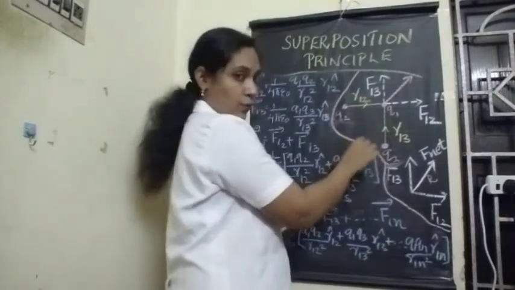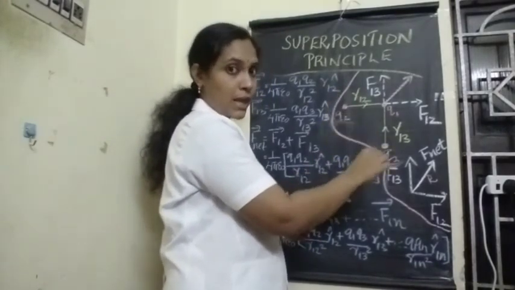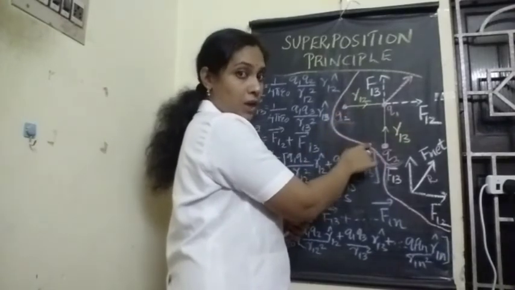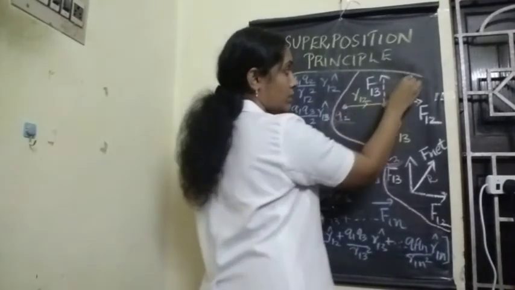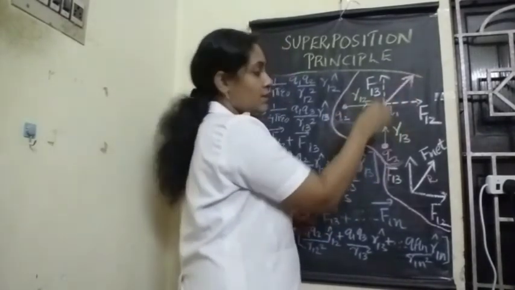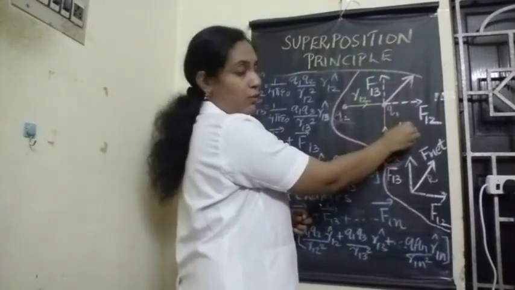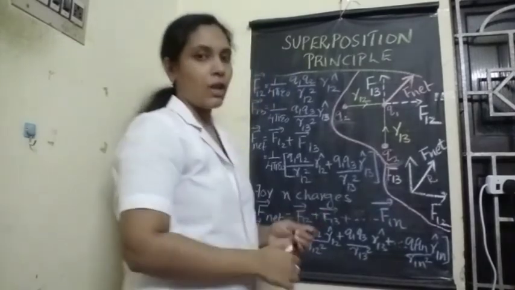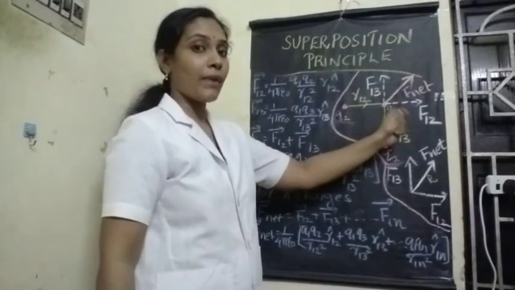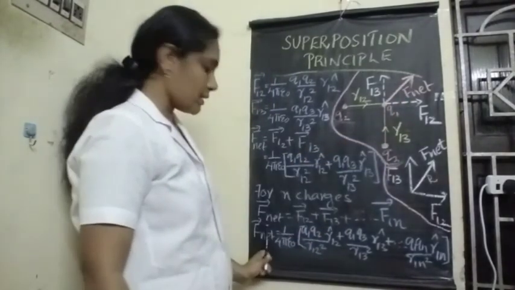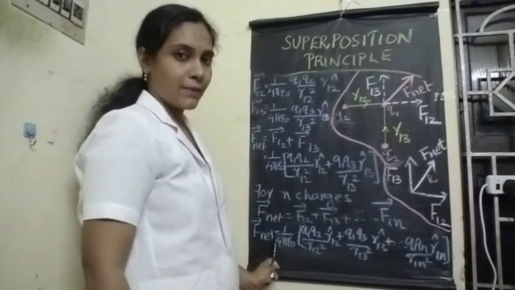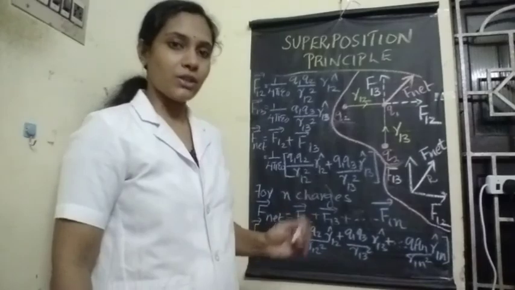So the direction of the net force acting on charge Q1 due to these two charges will be along this way. The resultant of these two forces will be acting along this direction. So this will be the direction of F net, that means this resultant force. Okay. So this is about the superposition principle.